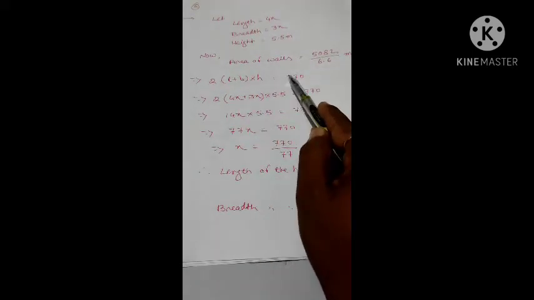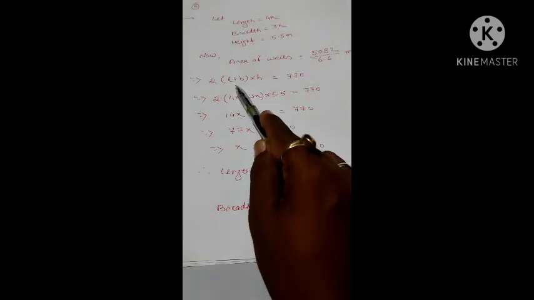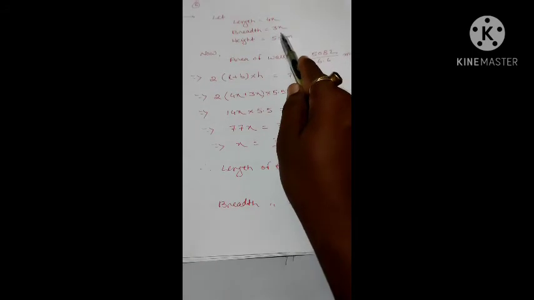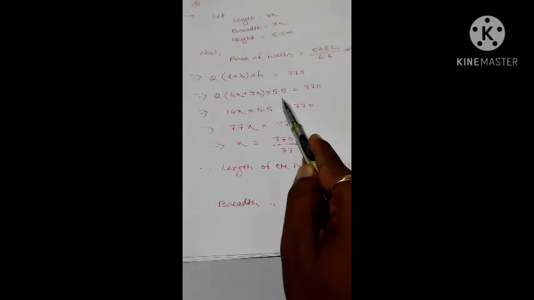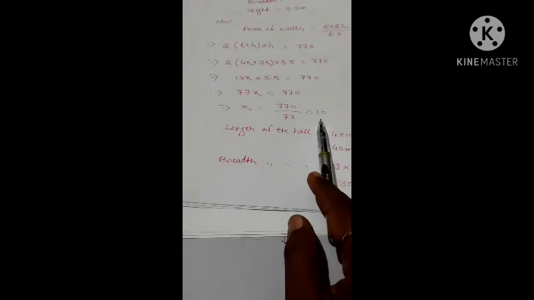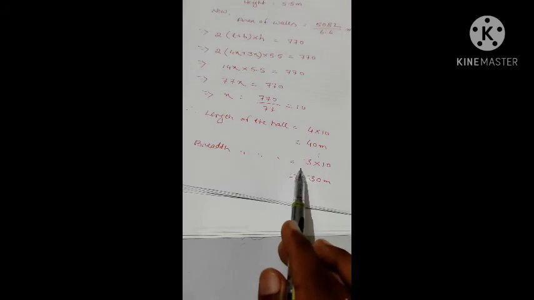We got the area as 770 by dividing total cost by rate. Now we put L as 4x, so in place of L we write 4x, and in place of B we write 3x, into 5.5, and after calculation we will get x as 10. If we put this in 4x we will get the length, and in 3x we will get the breadth.